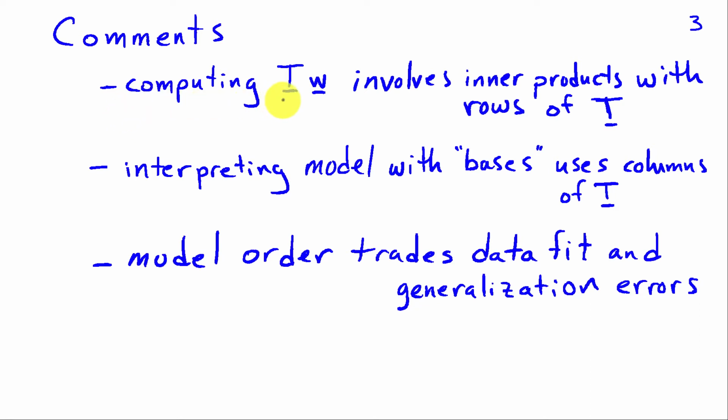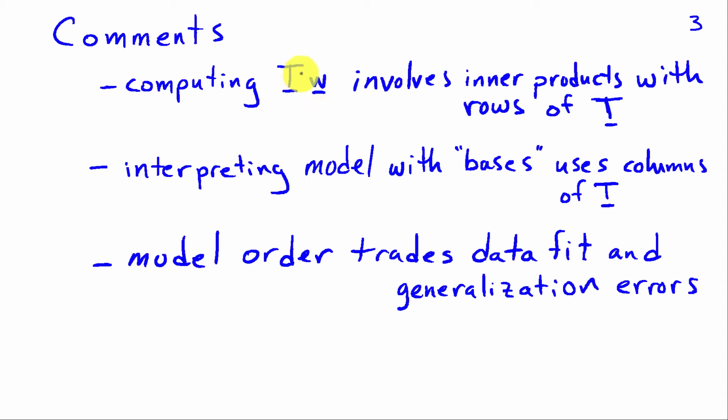When we compute the product of a matrix and a vector, we think about that computation in terms of the inner products of the rows of T with the column vector W. But when I interpret this as modeling data, it's very useful to think about it slightly differently.